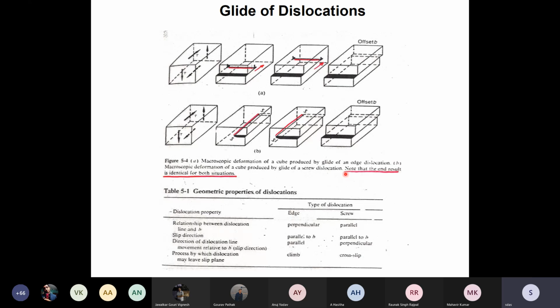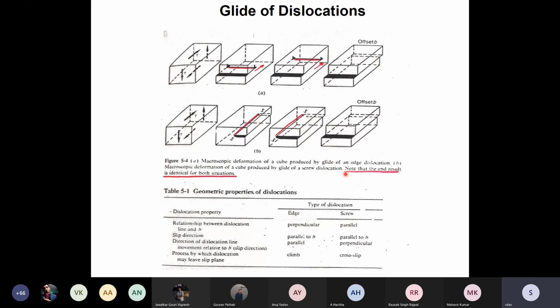The reason is two planes intersect along a line, and edge dislocation defines a surface because its Burgers vector is perpendicular to its line. A two-dimensional surface cannot be accommodated on a one-dimensional line. Hence edge dislocation cannot cross slip from one slip plane to another slip plane.